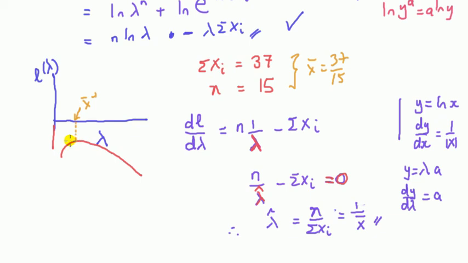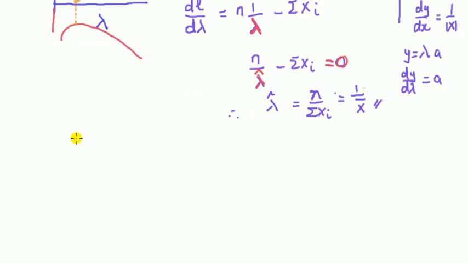And if it's a maximum, how do you know it is not a local as opposed to a global maximum? So what we need to do is look at the second derivative. If it's a maximum, that thing should be negative.